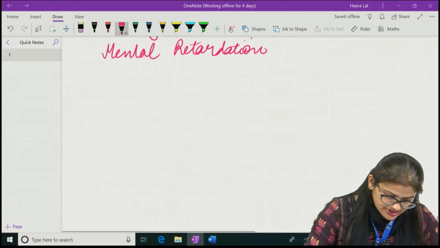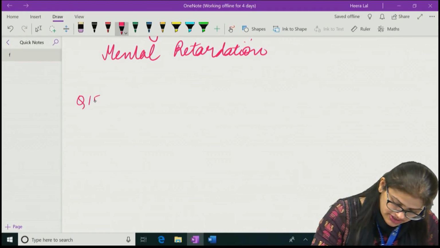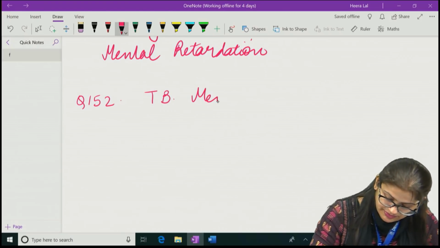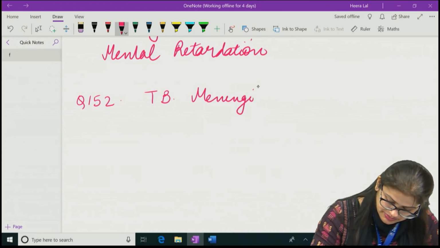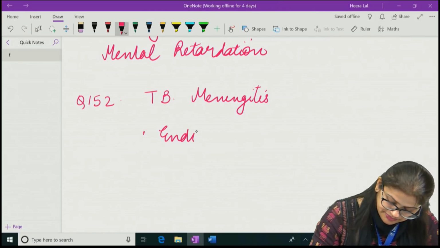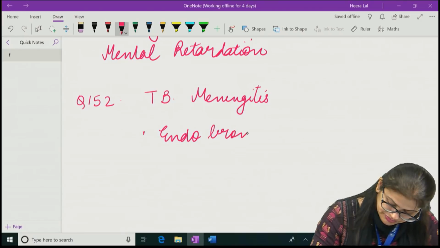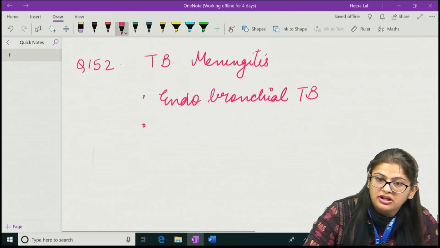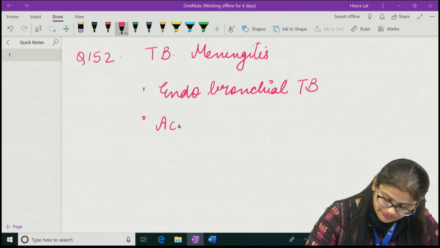So the correct answer to this question is TB meningitis, endobronchial TB, and an acute tuberculous pericardial effusion.